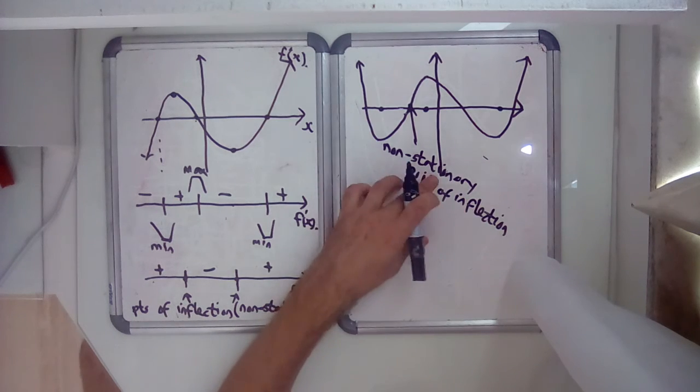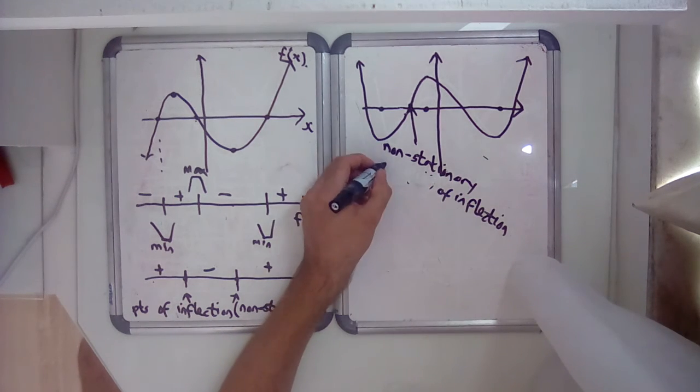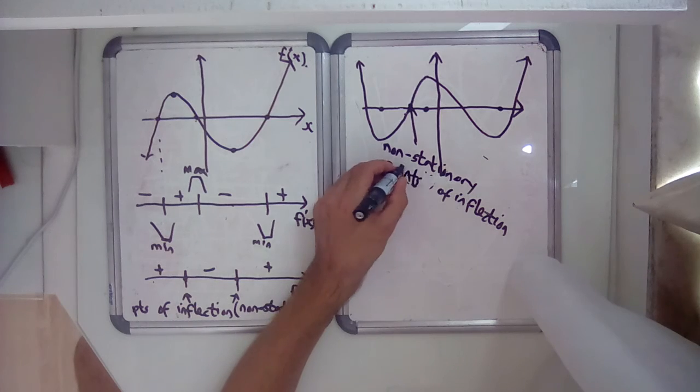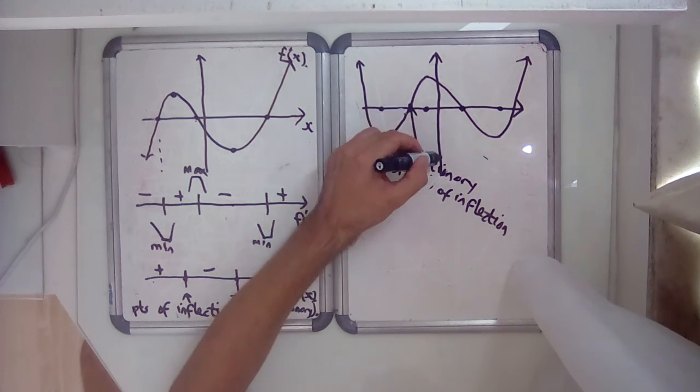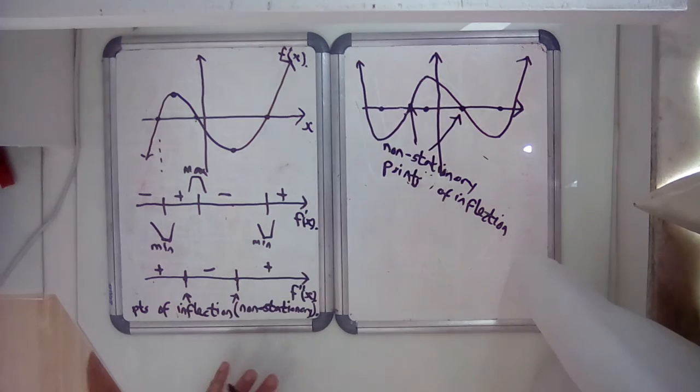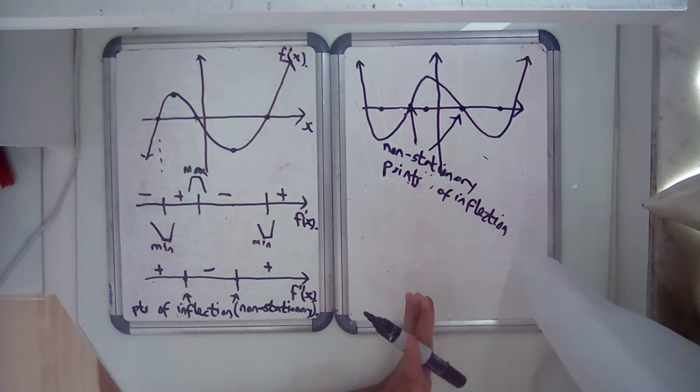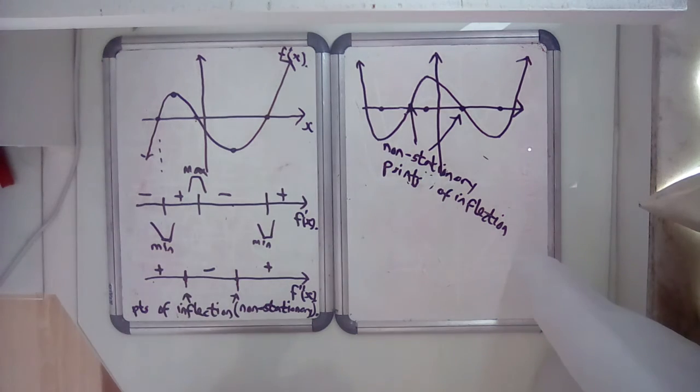In fact, if I write points of inflection, I can just draw another arrow, because we have another one around here somewhere. Now it just so happens in this case they kind of fall along the x-axis, just because of the way we ended up drawing it.